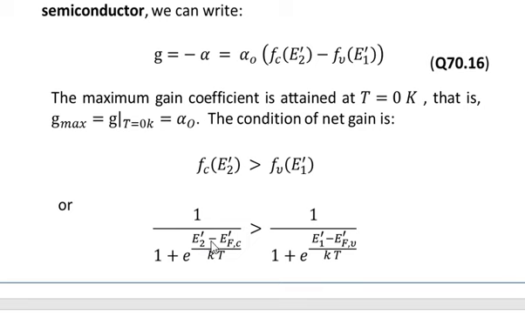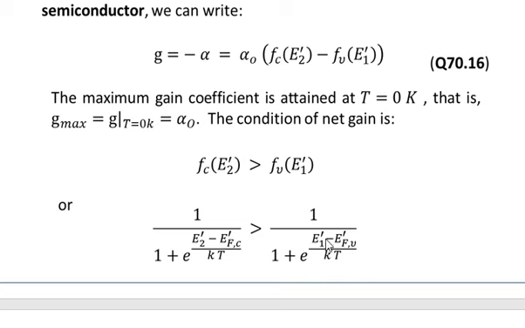And since E2 prime minus E prime Fc is a negative quantity as a whole, at absolute zero we have a minus infinity over there. So e to the power minus infinity is 0, and 1 over 1 plus 0 is equal to 1. So the probability that the level E2 prime is being occupied under this condition is highest, which is equal to 1. And now let's analyze the other one.